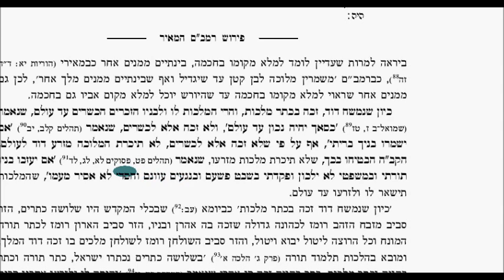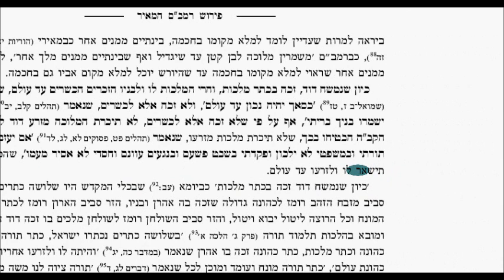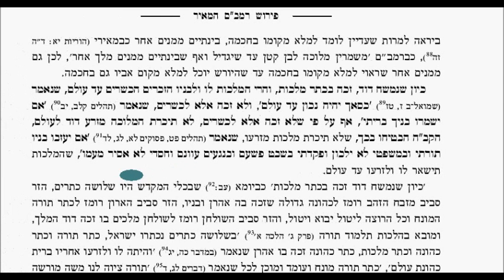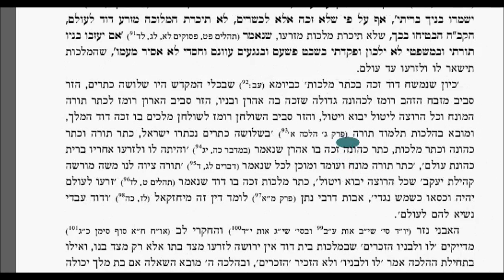As it says in Tehillim 89, if his children shall leave my Torah, and in my rulings they will not go, and I will punish them with a rod for their transgression, and with plagues for their sins. But my kindness I will not take away from him, so that the kingdom will always remain in the kingdom of David.